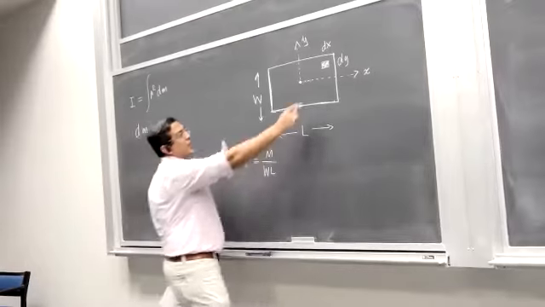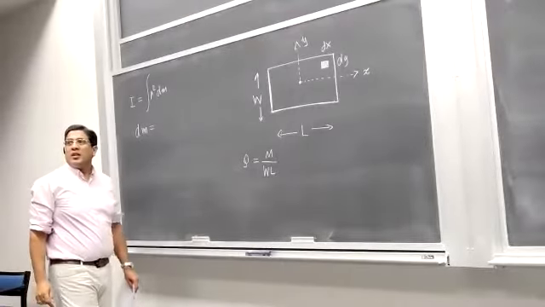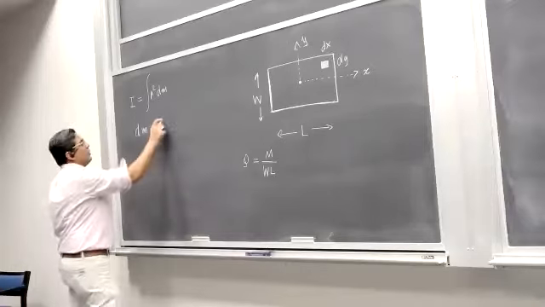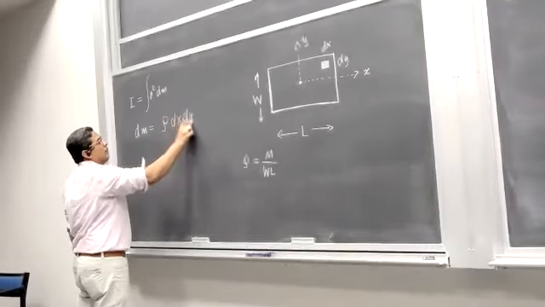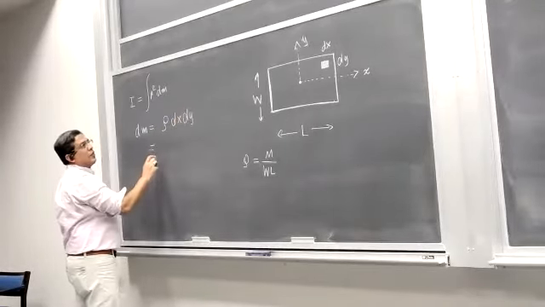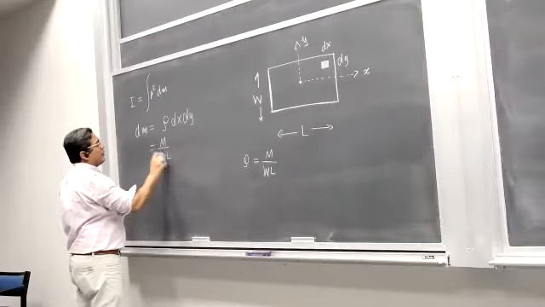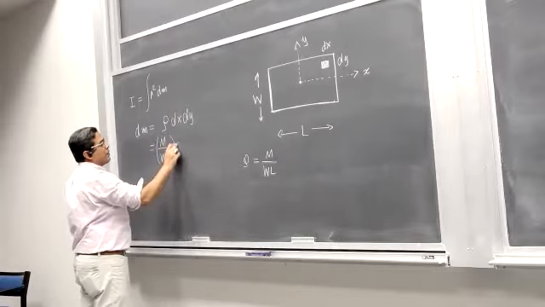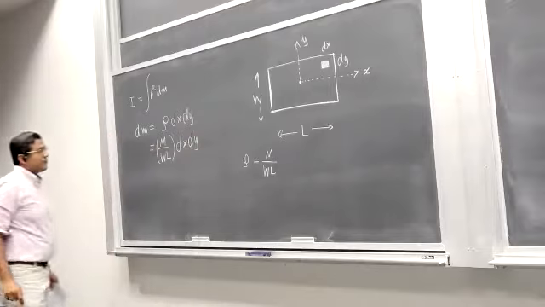Density times the area of this little patch here, right? And what is the area of this little patch? dx by dy. So rho dx dy, and rho is simply M over WL, times dx dy.